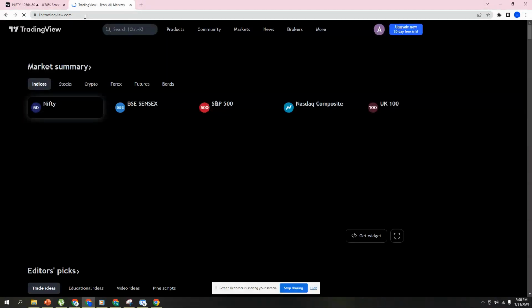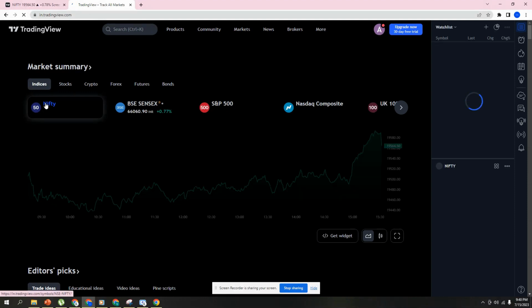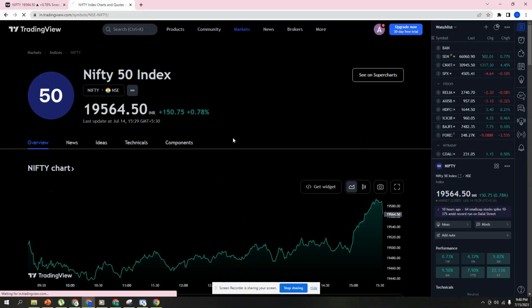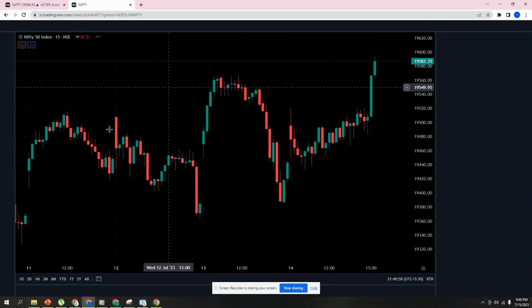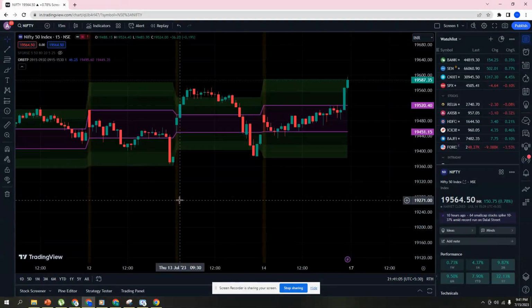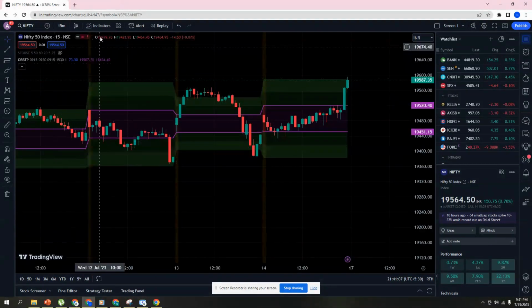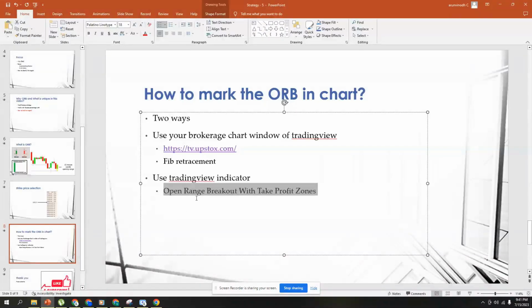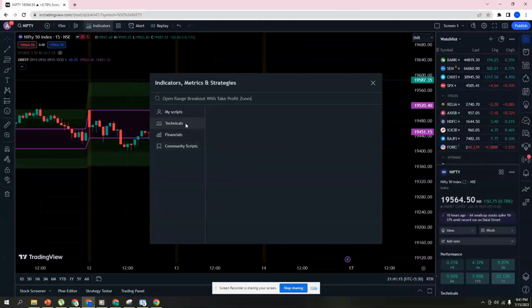We go to the trading indicator, right? So click this Nifty 50, the Nifty chart, and immediately you will get this chart screen. Fine. Now go to the indicators and type this particular indicator name, Opening Range Breakout with Profit Zones by Praslin, right?